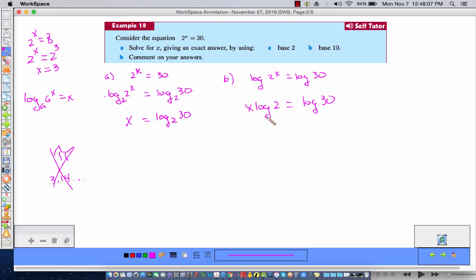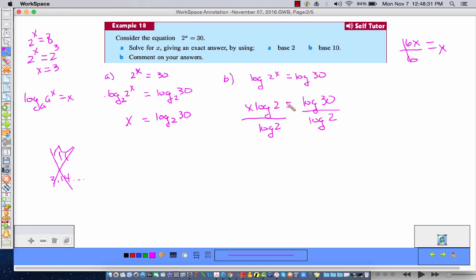So what I have here is multiplication happening with the variable. So I can just divide both sides by log 2 to cancel out the log 2 on the left side. And please understand, this is no different than 6x over 6 being equal to x, because 6 divided by 6 is equal to 1.